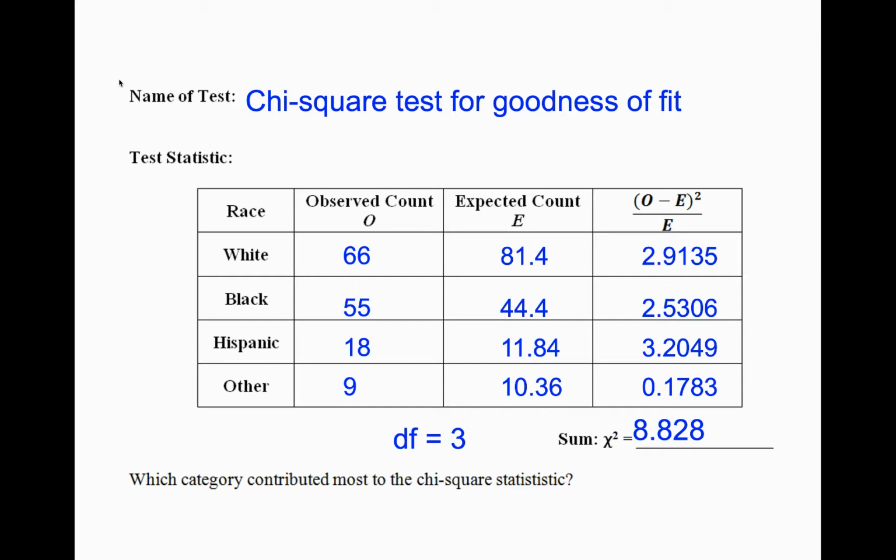Again, back to the question, the category that contributed the most to the chi-squared test statistic is Hispanic. That had the largest number of the 4 parts, 3.2, which is bigger than any of the others. And that is because the observed count was farthest away in terms of percentage from what we expected it to be.